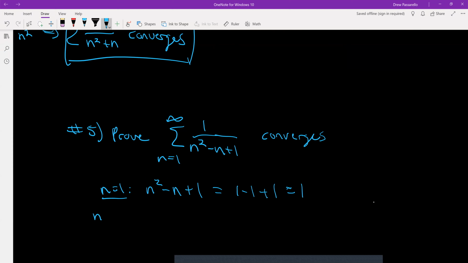N is 2, so that's going to be 2 squared minus 2 plus 1, that's 4 minus 2 plus 1. That's 3.